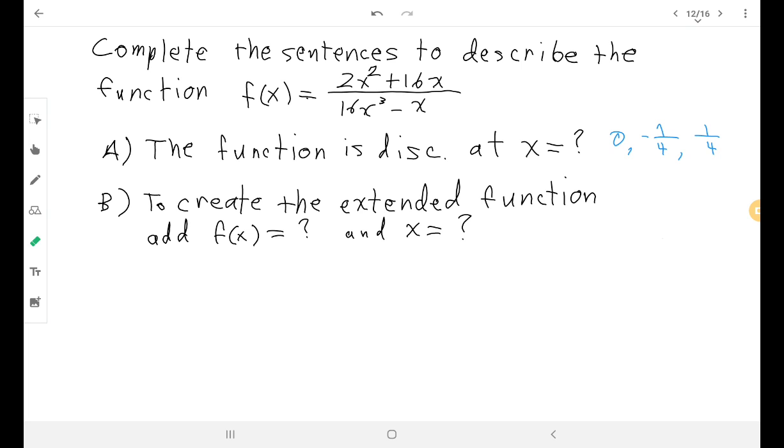If I wanted to create what we call the extended function, all I would do is say, where is it discontinuous in its original form?